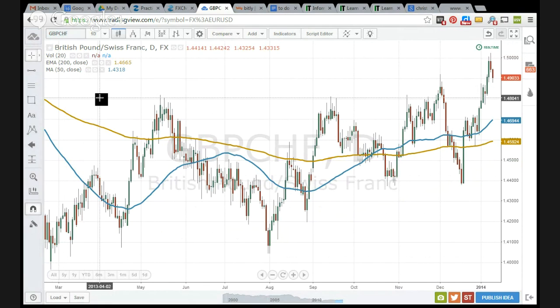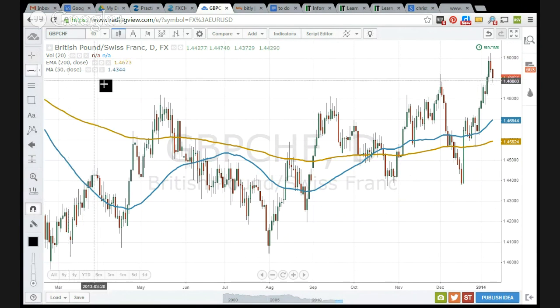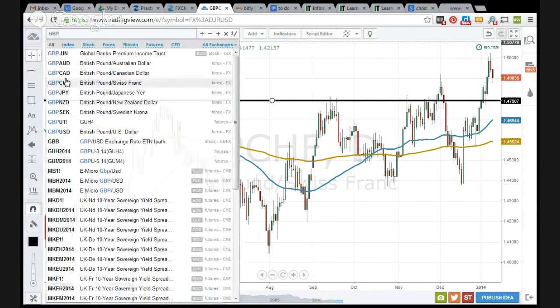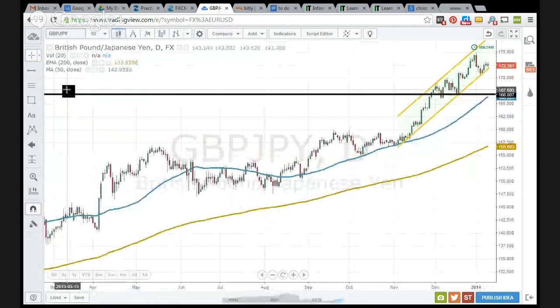Okay, here we go. Pound Swiss, still waiting for more of a pullback. And we could go here, maybe. Pound yen, still waiting.